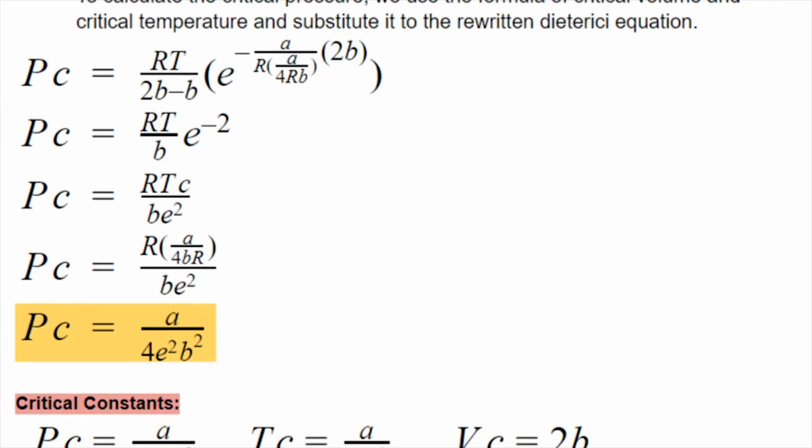Now lastly, to calculate the critical pressure, we use the formulas of critical volume and critical temperature and substitute them into the rewritten Dieterici equation.